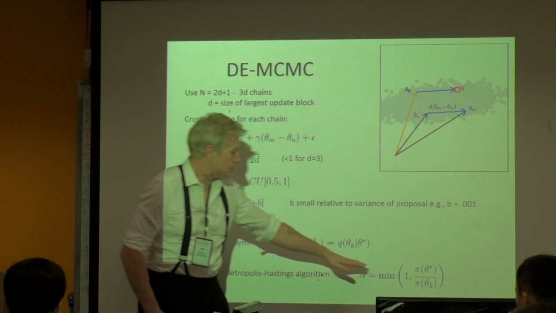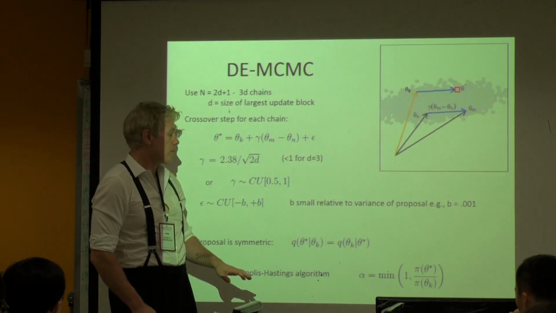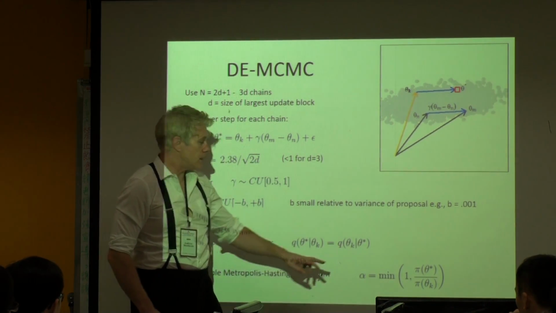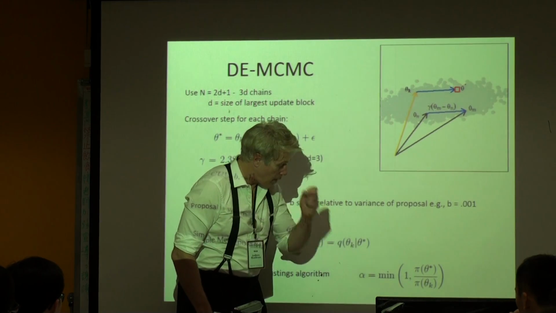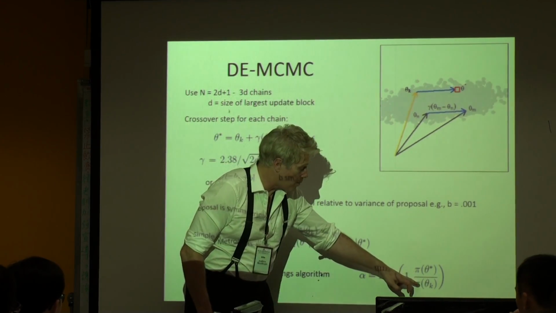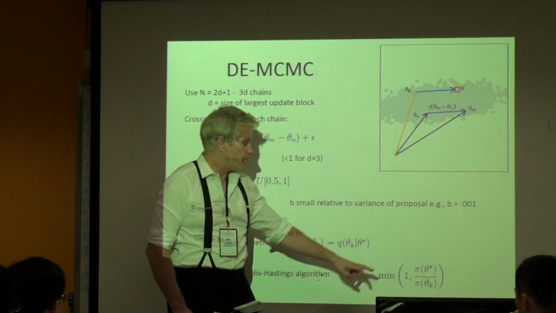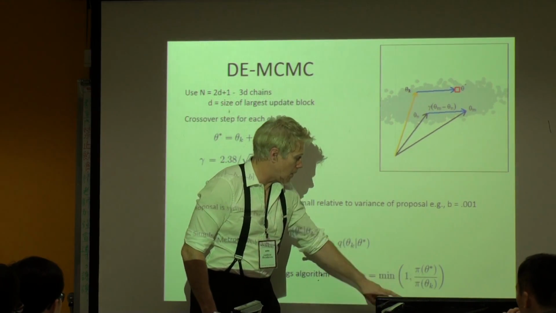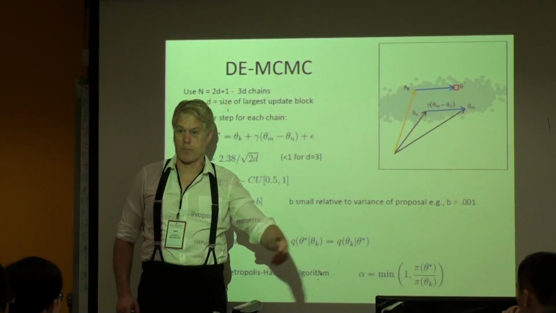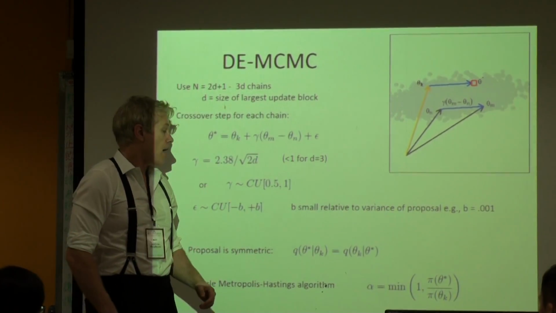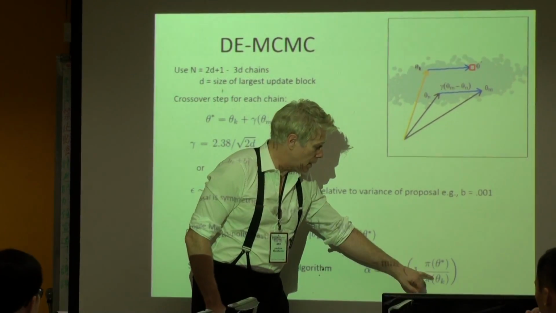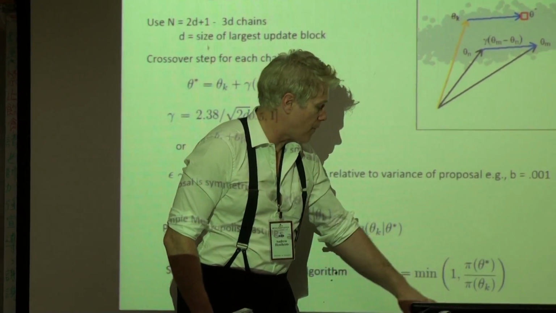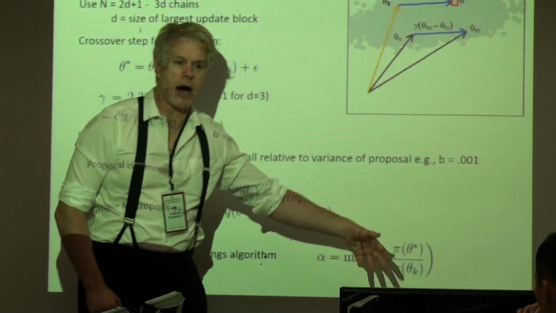And that's encapsulated in this equation. So alpha is the probability of jumping. This is the ratio of the probability of the new thing over the probability of the old thing. If the new thing is bigger than the old thing, then the minimum of 1 and something greater than 1 is 1. So you always jump. Alpha equals 1. If this is less than that, let's say it's half of that, then alpha is set at a half.